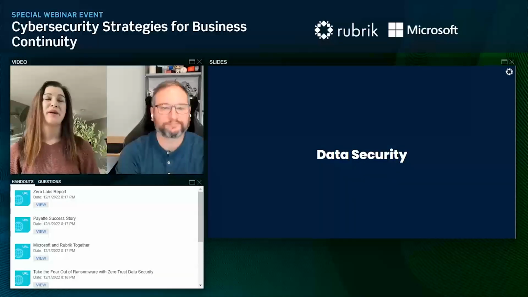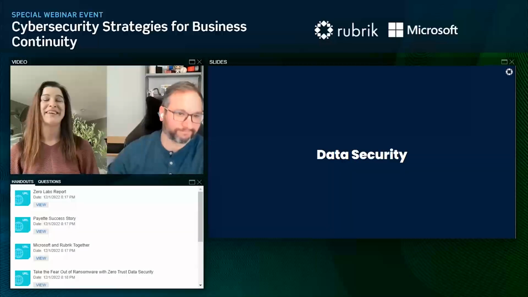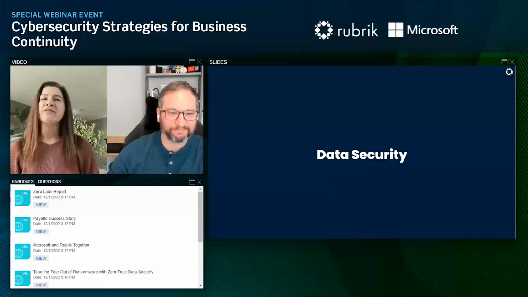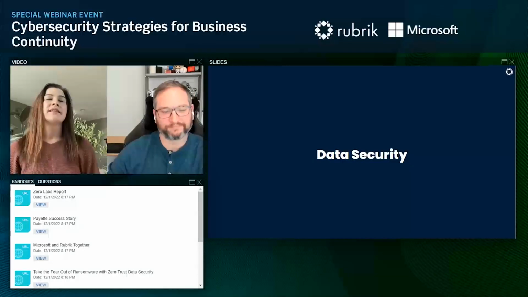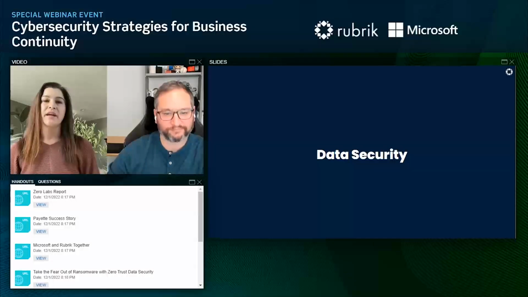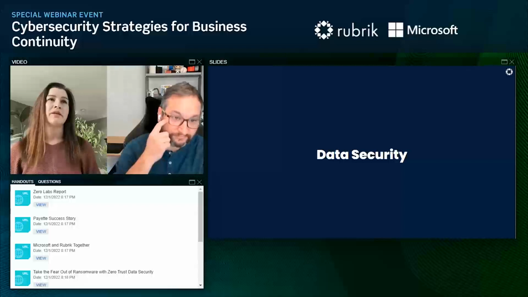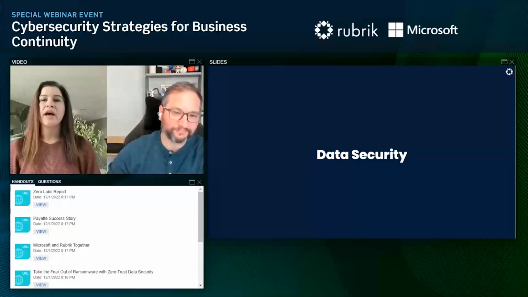I think the first one, I'll go ahead and take this one, Adam, is data security, right? I don't know if it's so much a buzzword, but I want to get specific about the data part of data security. Historically, we've been talking about security as something more physical or perimeter or network security, which is important and always will be, because there will continue to be, unfortunately, natural disasters.